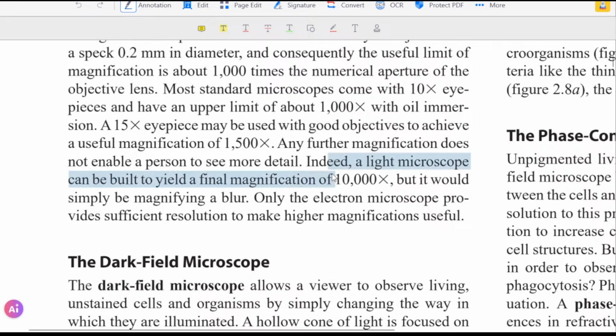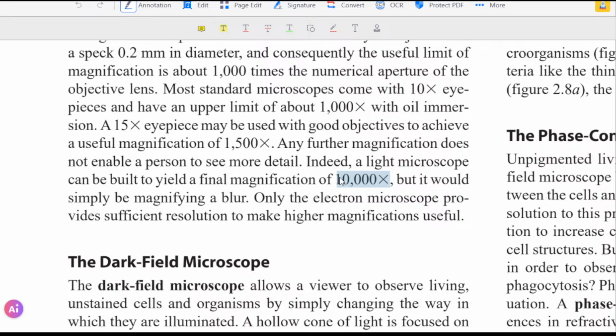Indeed, a light microscope can be built to yield a final magnification of 10,000, but it would simply be magnifying a blur, right? They are saying beyond 1500 times you can go up to 10,000 to see an enlarged image, but it will be blurry.